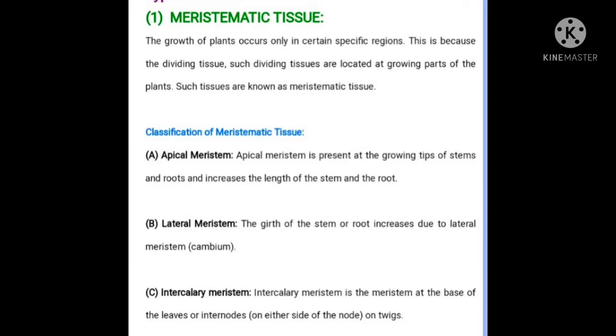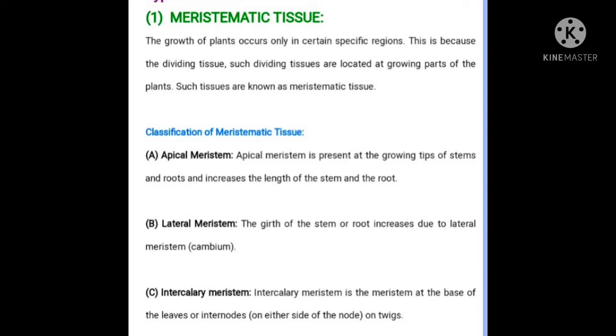This intercalary meristem is located at the base of the leaves. In the image we have seen where it is present. So this was all about the meristematic tissue and the types of meristems. I hope till here it is clear.